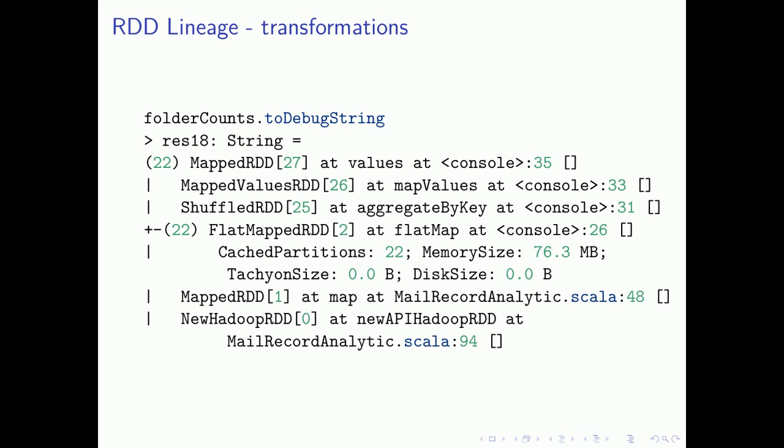Then I did a flat map where I created the tuples, the username and folder tuples. Then I aggregated by key and created this shuffle RDD. Shuffle RDD actually means it had to do some sorting across the network. Then I mapped the values and got the map RDD. So that's the lineage of the whole thing.